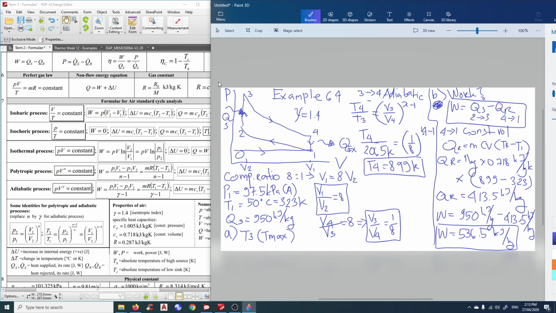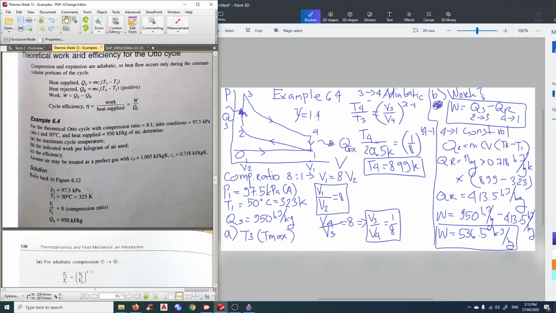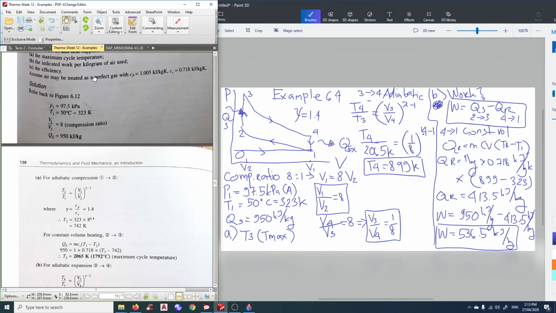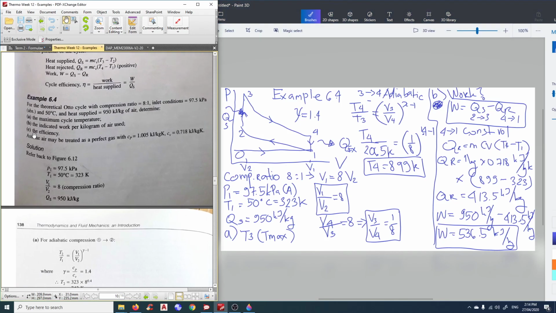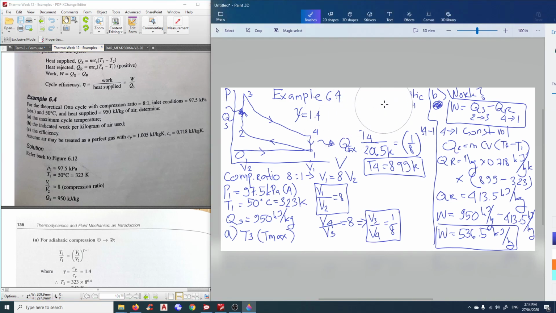Now the last question, question C. What is the efficiency? Let's clean the board again. Question C: what is the efficiency?